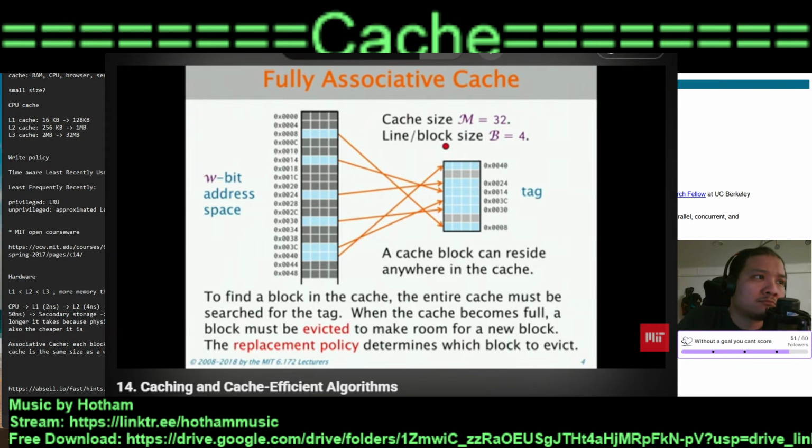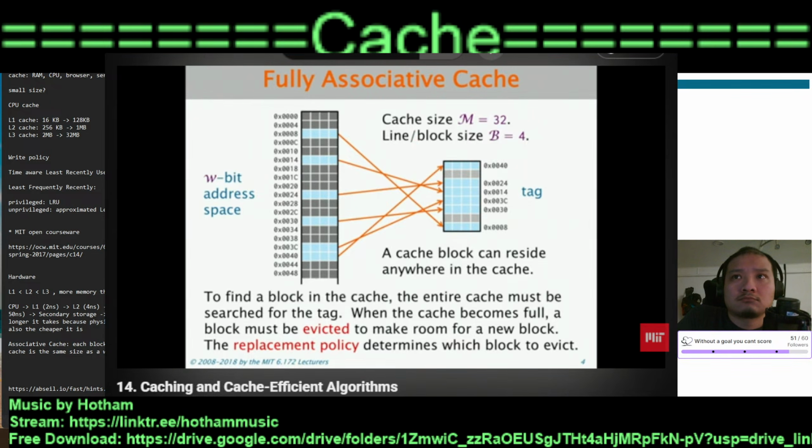For the fully associative cache, we're going to use most of the bits of the address as a tag. We don't need the 2 lower order bits because things are moved at the granularity of cache lines, which are 4 bytes. So the 2 lower order bits are always going to be the same, and we use the rest of the bits to store the tag. If our address space is 64 bits, then we use 62 bits to store the tag in a fully associative caching scheme.